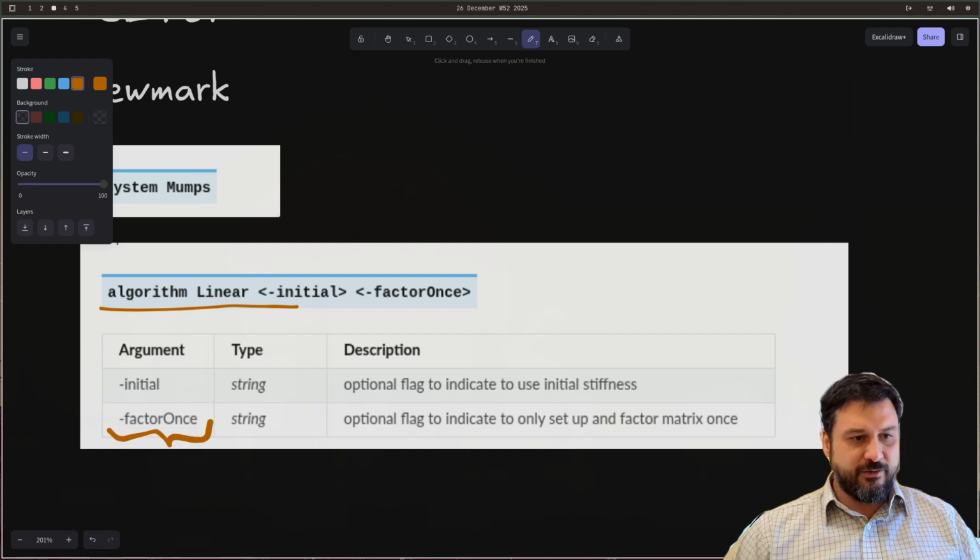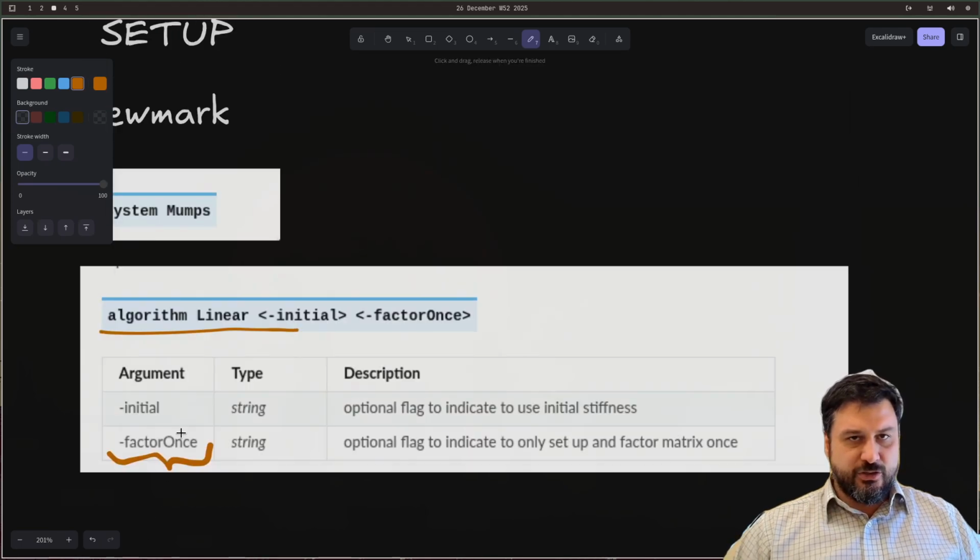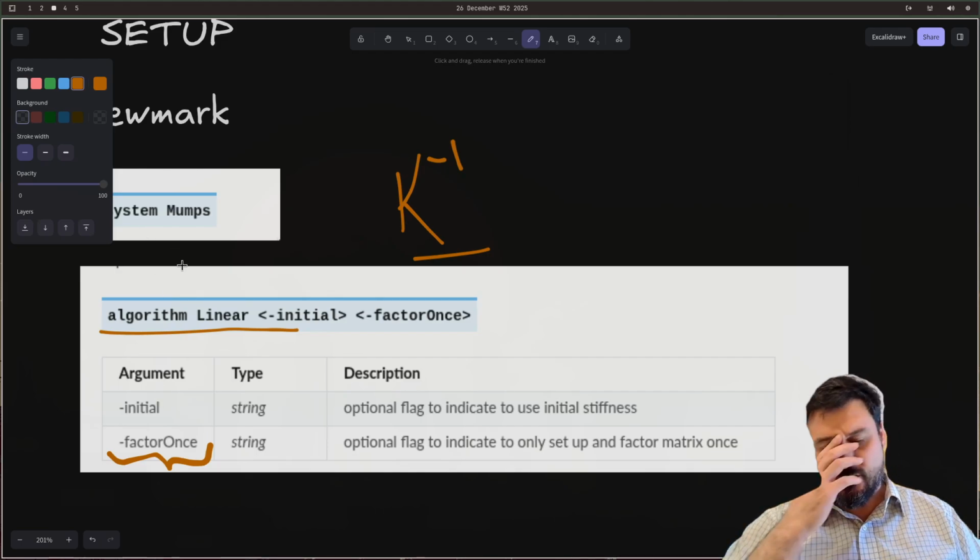And we're going to be using the factor once option here in the algorithm, because we want to go fast, right? We want to be fair to Newmark, we need to do K to the -1, and we want to factor this matrix.